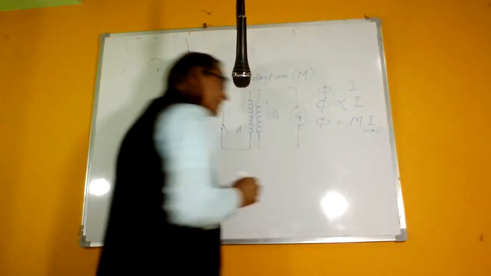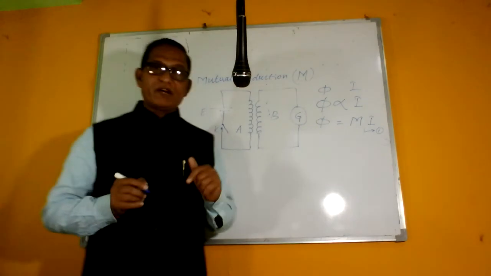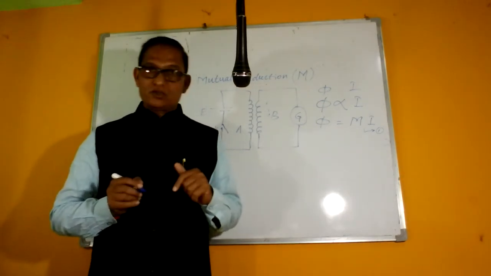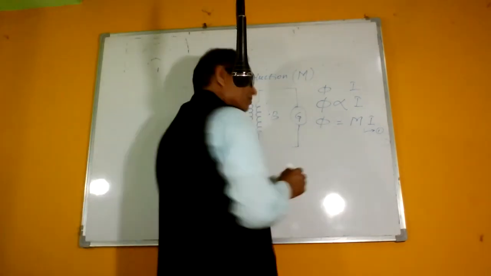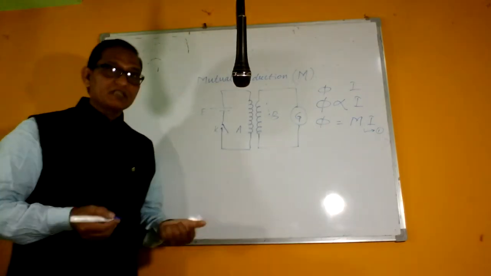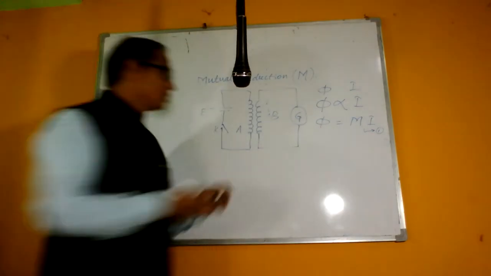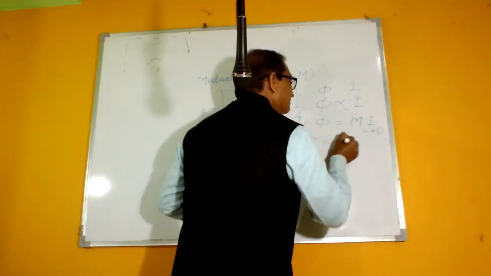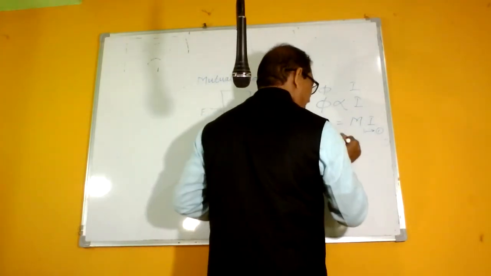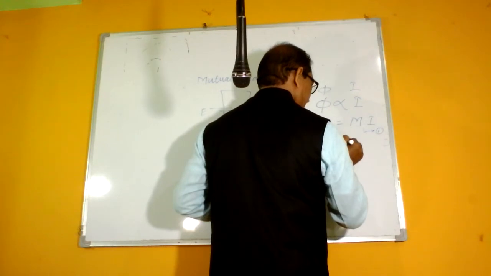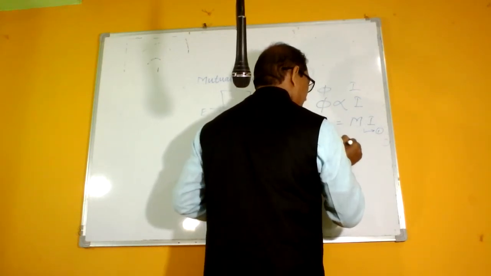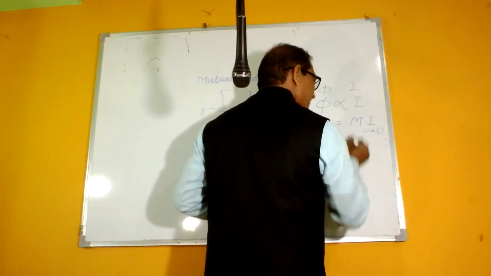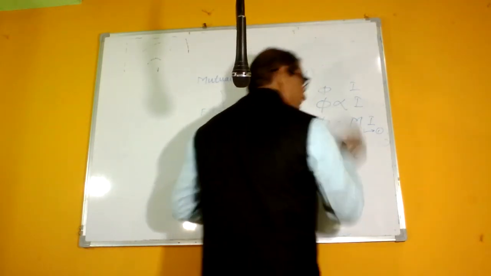Now, as there is a change in the current, you will find the induced EMF is also changing. The magnetic flux linked with the second coil is also changing, so this is given by Lenz's law: E is equal to minus d phi by dt.